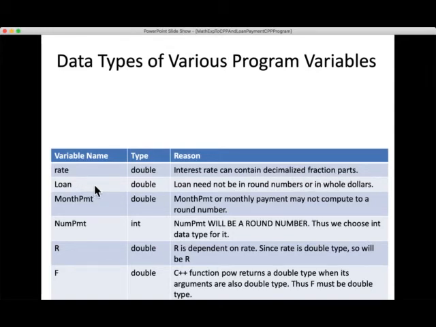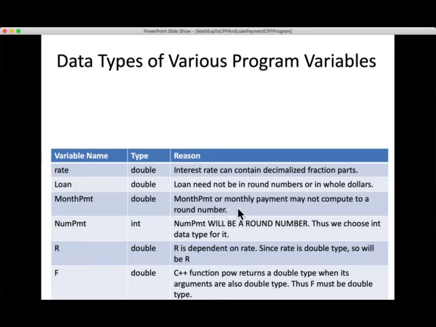Loan has to be double type because loan need not be in round numbers, although we're not going to ask for a loan of 18,099 cents. But if you want that, the bank can say no, you cannot ask for a loan in cents. So in general, money, unless it's in pennies, should always be double type. So loan is double type. Month PMT, obviously, your monthly payment may come to dollars and cents, double type.